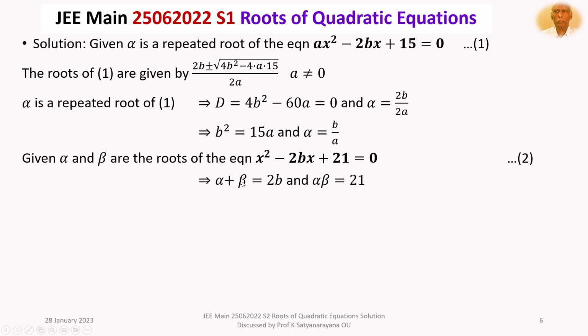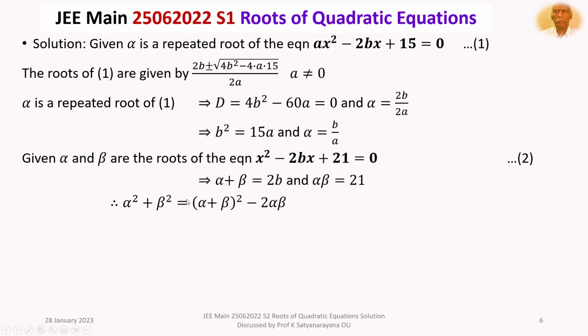So alpha plus beta is equal to 2b, and the product of the roots alpha beta is equal to the constant term divided by the coefficient of x square, that is 21. So we have alpha plus beta is equal to 2b and alpha beta is equal to 21, and we want to find alpha square plus beta square.